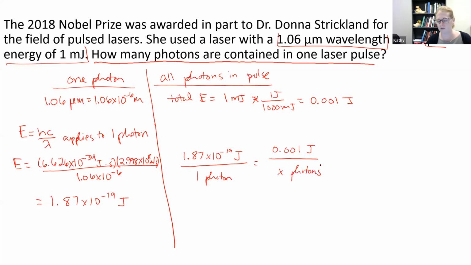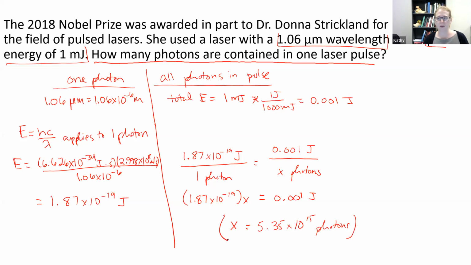So we'll call it X. So let's cross multiply and solve. 1.87 times 10 to the negative 19 times X equals 0.001 joules. And then X equals 5.35 times 10 to the 15 photons.